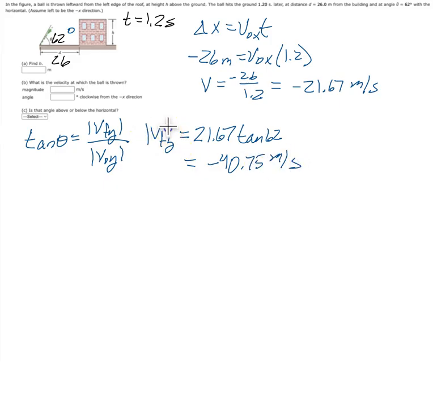I did do the absolute value, but because this is going in the down direction and we're saying down is negative, I put that negative back in for the true velocity.